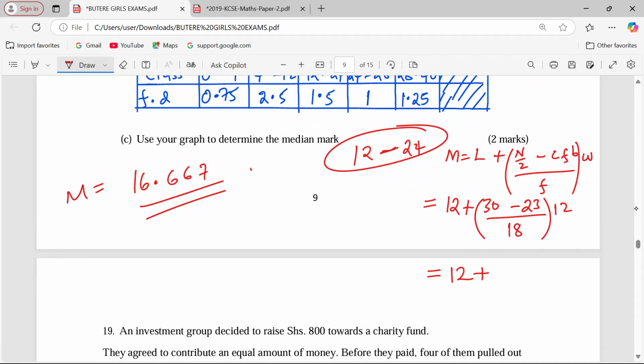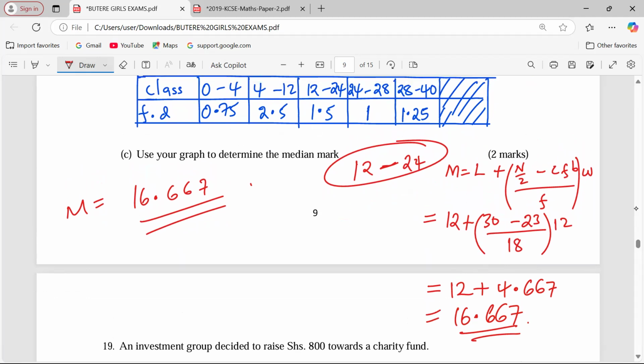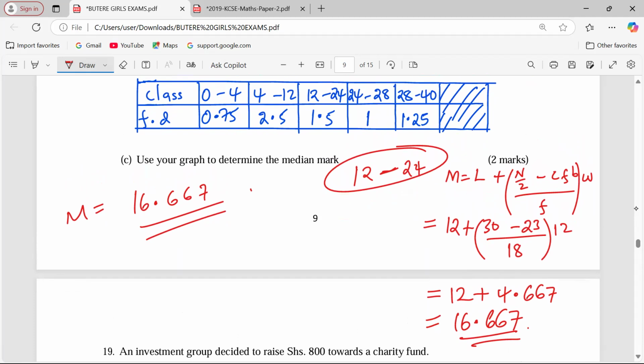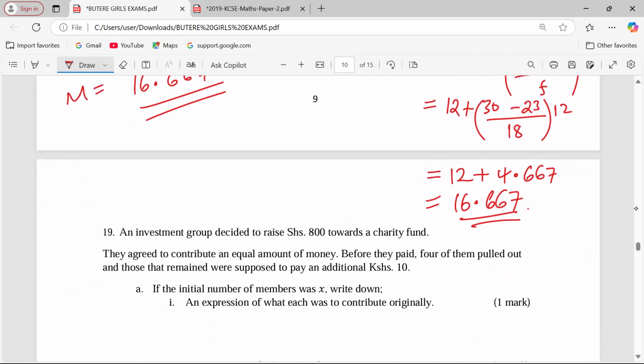This will give us 4.667, and we'll get the same as what we got from the graph. So the two estimations are the same.